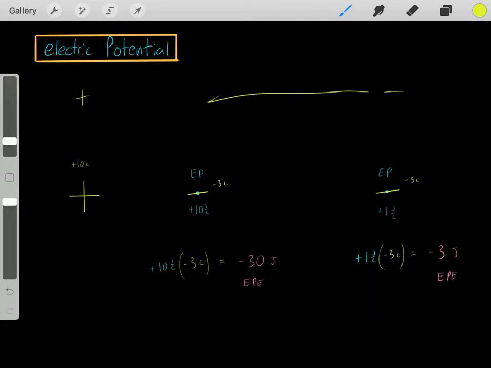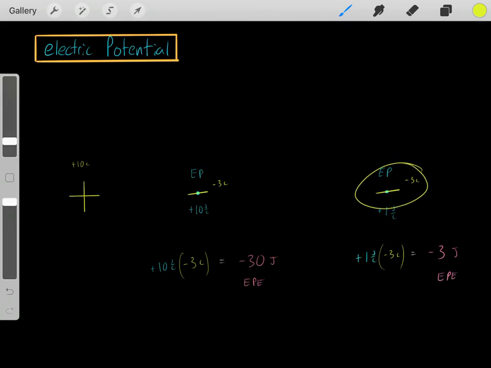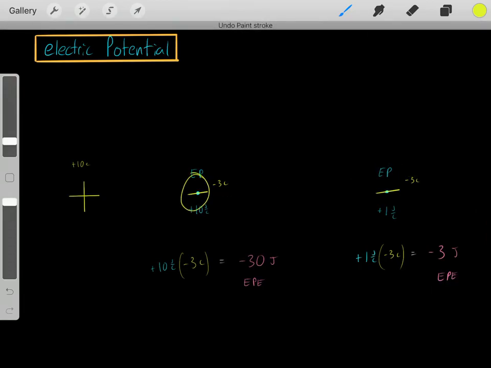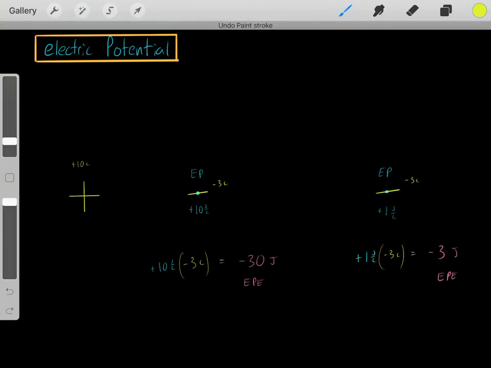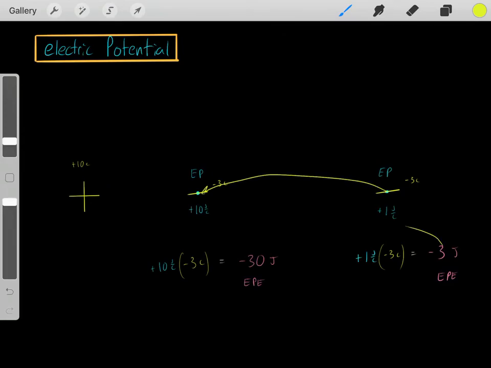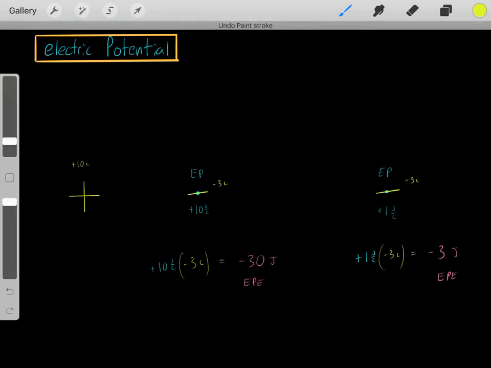We know they're going to want to move towards each other. Why? Well, when the negative 3 coulomb charged particle is here, we have a system with negative 3 joules of energy in the form of electric potential energy. However, as it moves, once it gets here, we would have a system with negative 30 joules of energy in the form of electric potential energy. So as this negative charged particle moves, it goes to a lower energy state. This is relatively more negative, so it's a lower energy state.